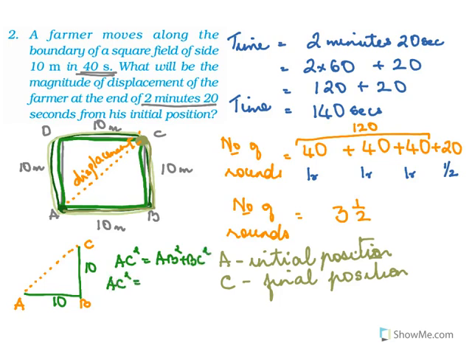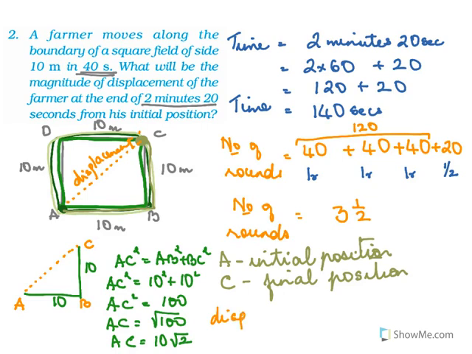So AC square equal to 10 square plus 10 square, AC square equal to 200. AC is under root of 200, so AC is 10 root 2. So displacement, which is AC, equal to 10 under root 2 meter.